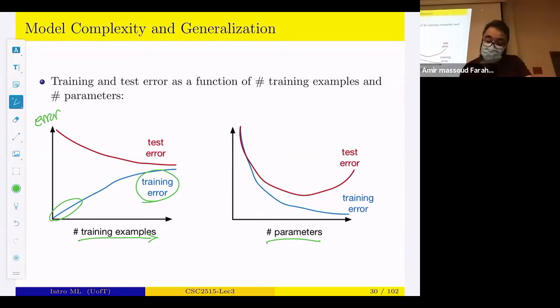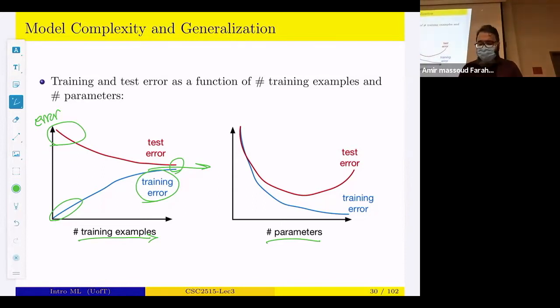But if you look at the test error or validation error, in the beginning the validation error is large, but as you have more data points, your test error starts to decrease. Eventually, if the model is good enough, the gap between training error and test error should go to small values if the model has some consistency property.